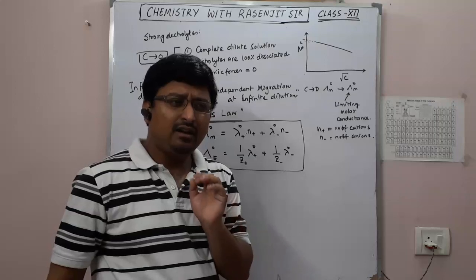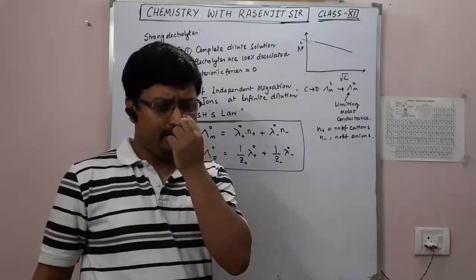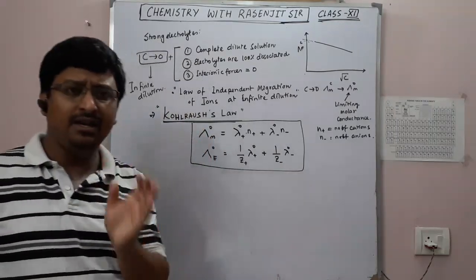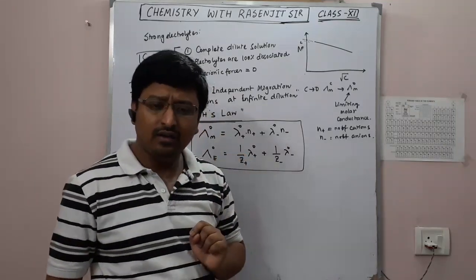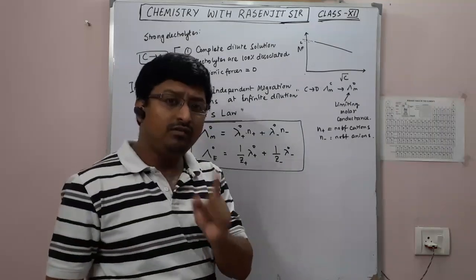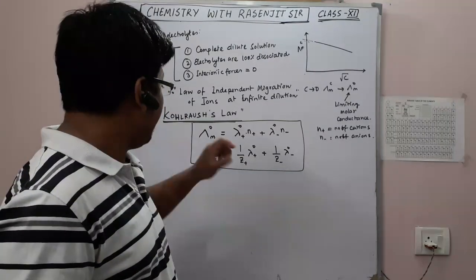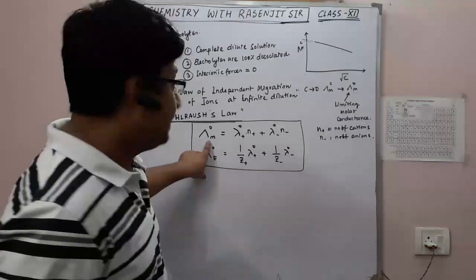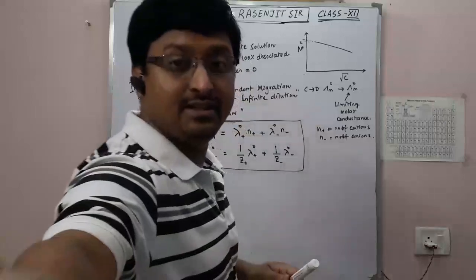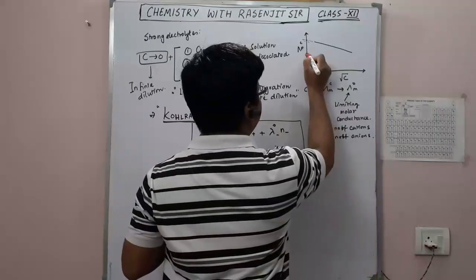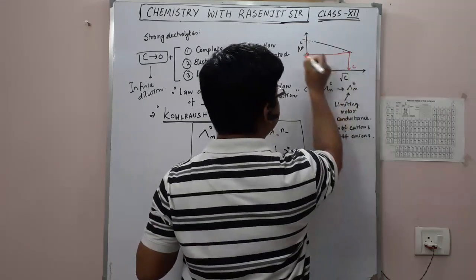But if the ions really behave independently, then can we do one thing here? This is the lambda m at infinite dilution, and this is the lambda at a particular concentration. At this concentration, you have this particular lambda m.